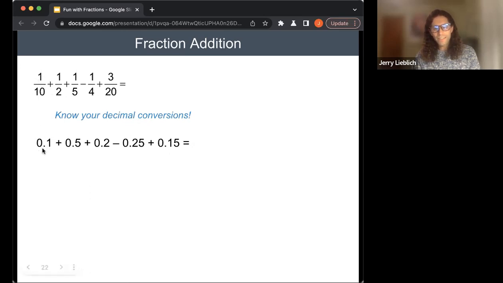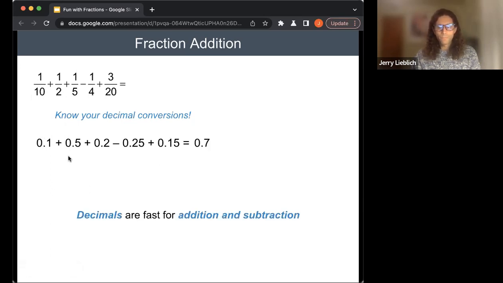If a tenth is this, half of that is 0.05. So 3/20ths would be 0.15. If you have to use your calculator for that, that's okay. But these, hopefully, you can get there just knowing them. It's really worth memorizing those. And if you have these as decimals, it's a lot quicker. So generally, decimals are faster for addition and subtraction.